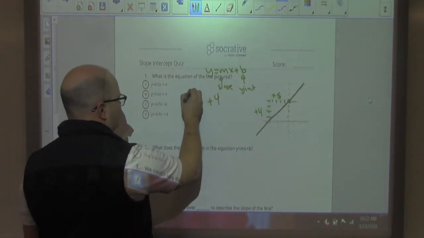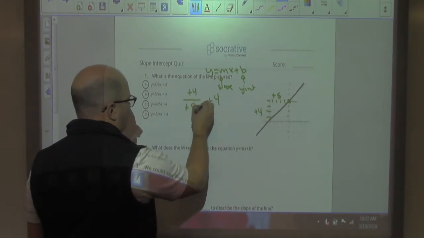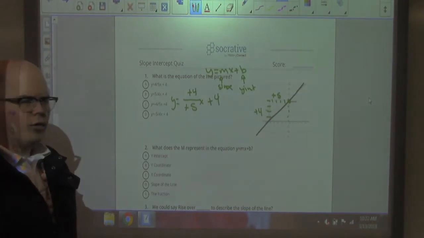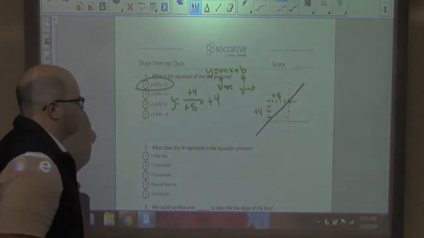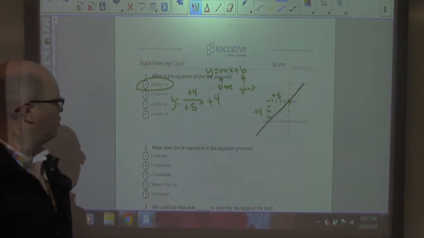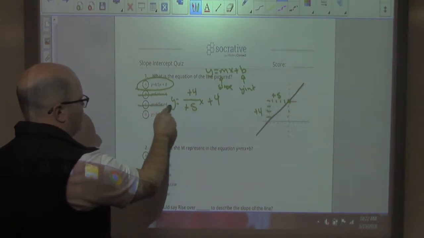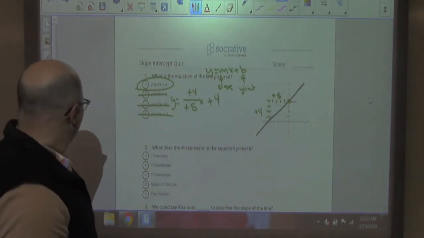So my change in y was plus 4 over plus 5x, and that's my equation. So y equals 4/5 x plus 4, and I just look at which one it would be, and my solution to that question would have been A. It's not 5/4, that's backwards, and it's not negative, because negative would be going in a downward direction.